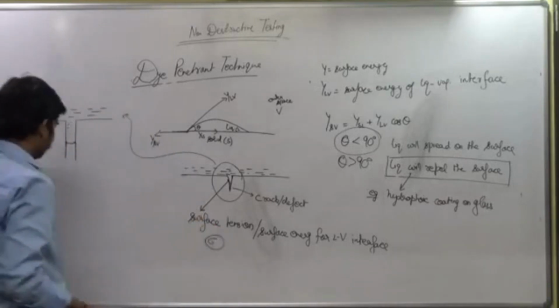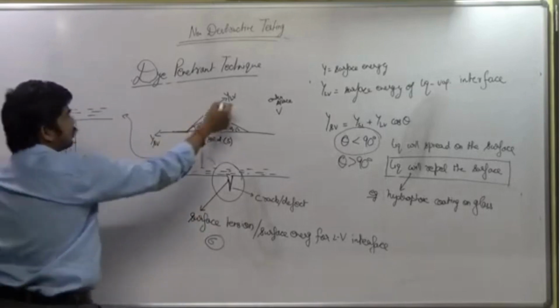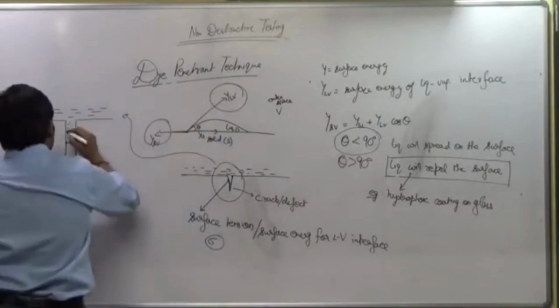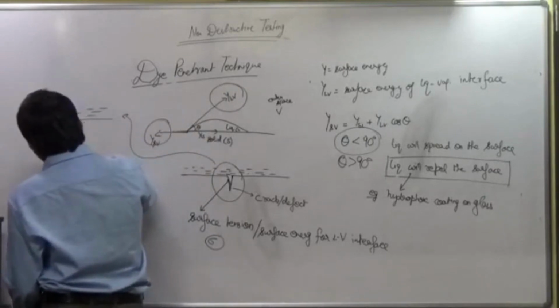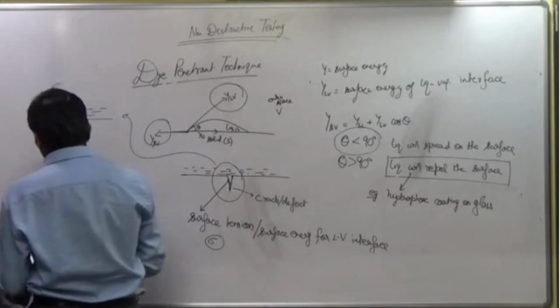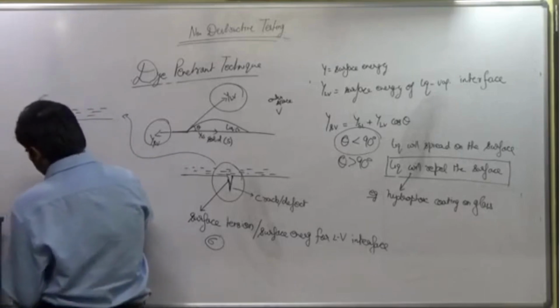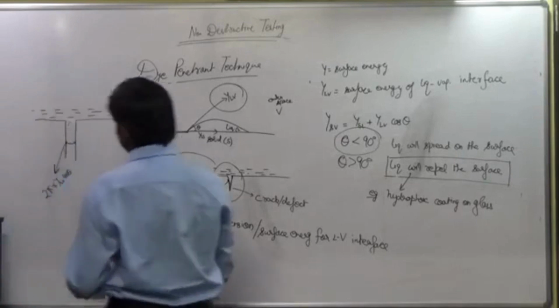At this particular point I will do the same analysis which I have shown here. So here, this will be your surface tension force, and its value will be 2 pi r gamma LV cos of theta.